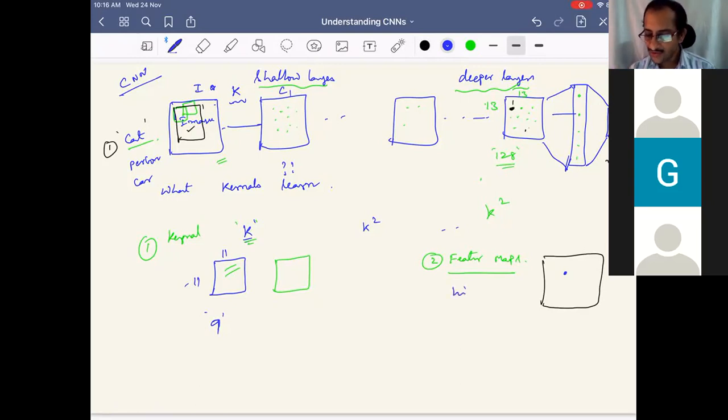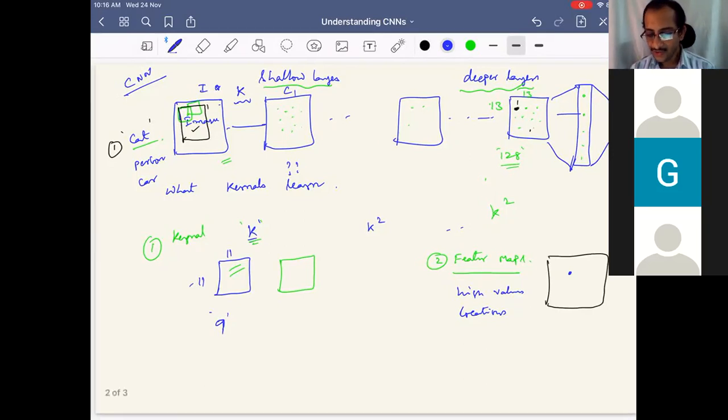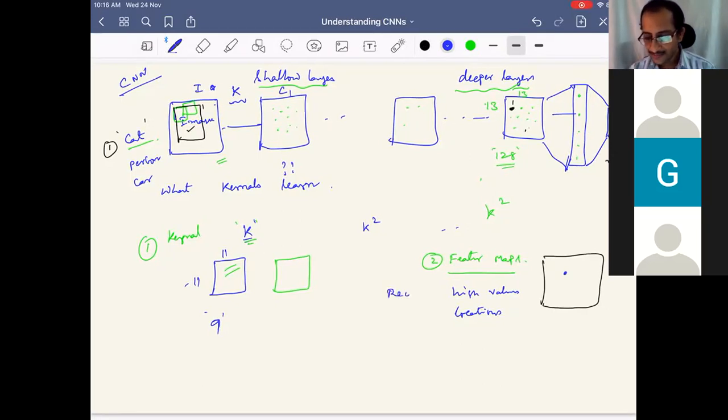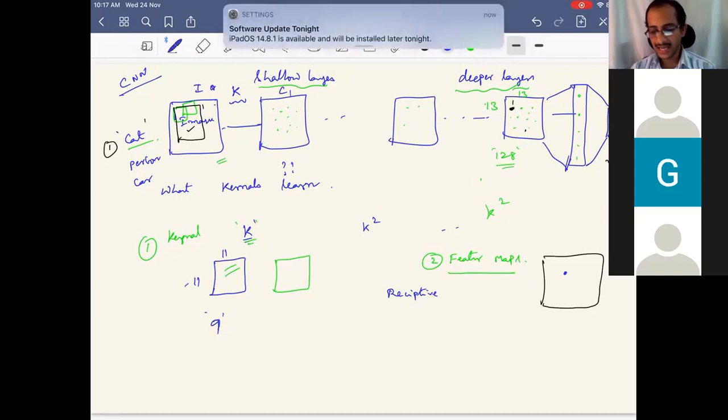The high values in the feature map will help us infer based on which image region we are giving a decision. The receptive fields corresponding to the high values in the feature maps indicate based on which the decision is taken. Okay, is this clear?